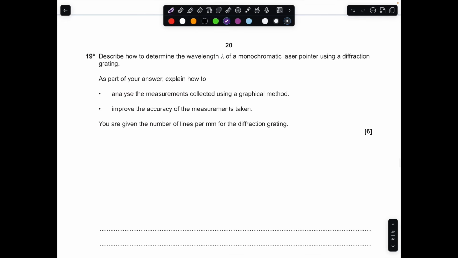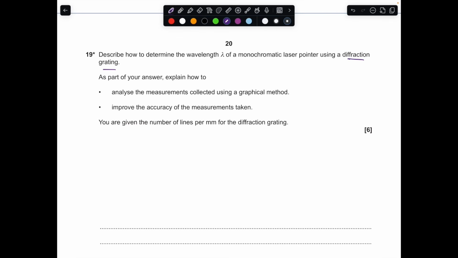Question number 19. Describe how to determine the wavelength of a monochromatic laser pointer using a diffraction grating. Explain how to analyze the measurements collected using a graphical method. Improve the accuracy of the measurements taken, and you are given the number of lines per millimeter for the diffraction grating.